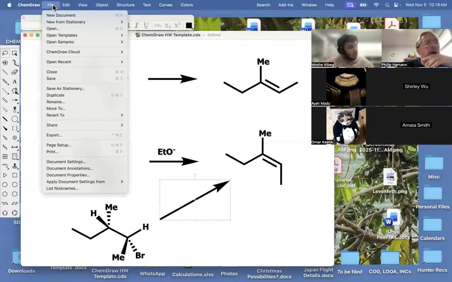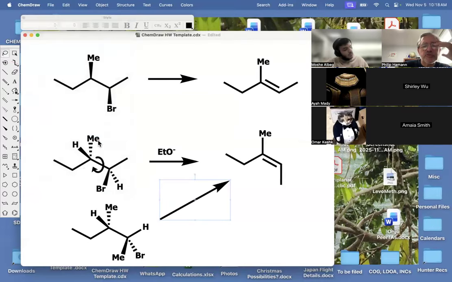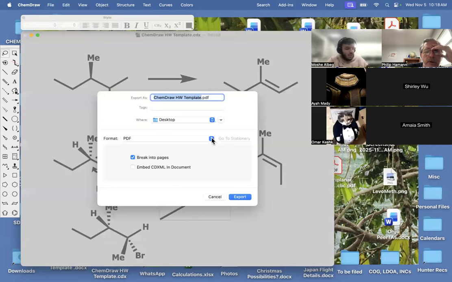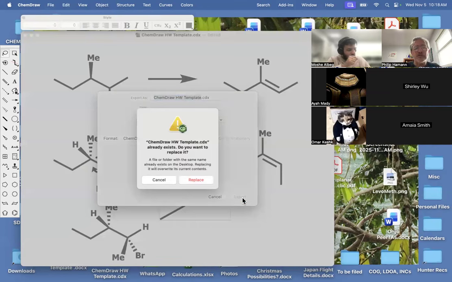I didn't look. No, I don't want a PDF. I want a CamDraw. It always uses whatever you used last.